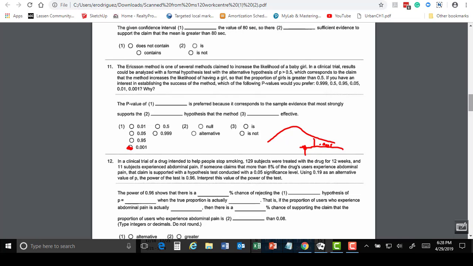So that would be an accept of what? Well, what is our null hypothesis? Actually, this is the smallest of all of them, isn't it? So this is the tightest, as far as the smallest alpha that we have.